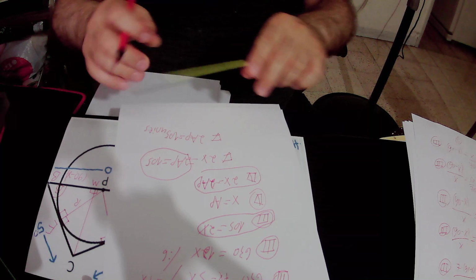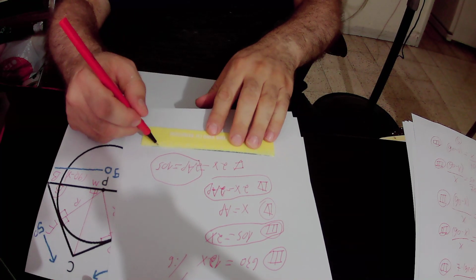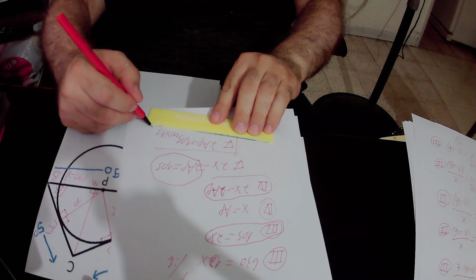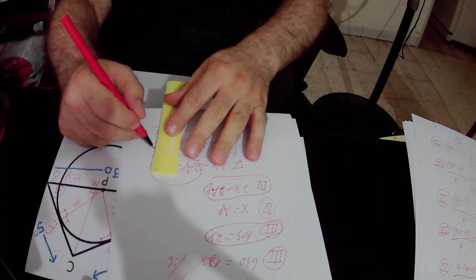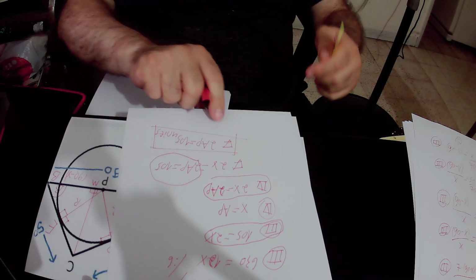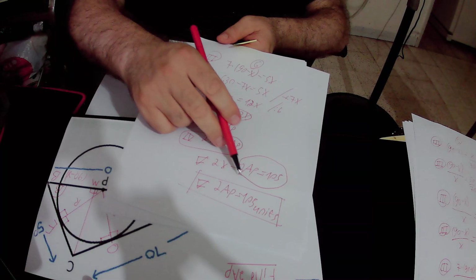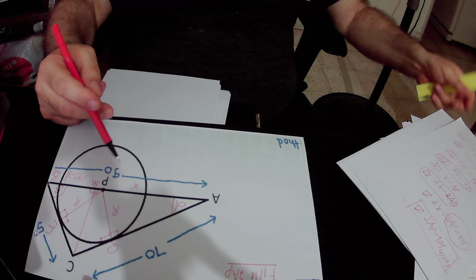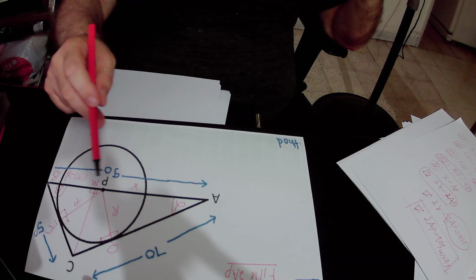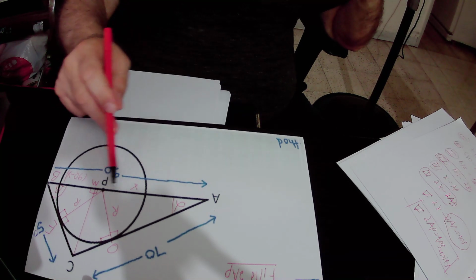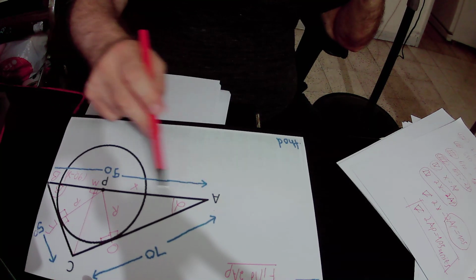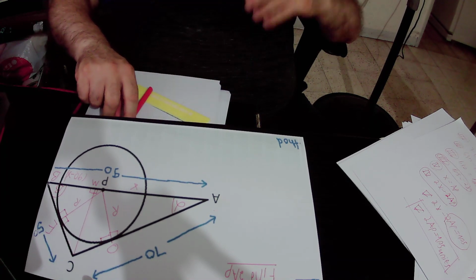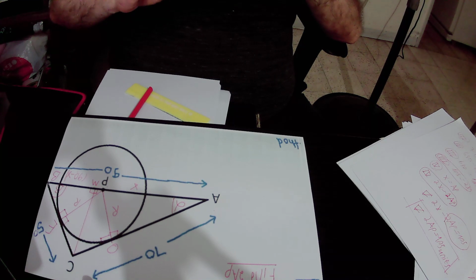And actually this is our final answer to the question. The question was to find the value of 2 times AP, and the value of 2 times AP equals 105 units. Or as you can see in the picture, the value of 2 times AP, this straight line, equals 105 units. Okay, so this was the answer to the question.